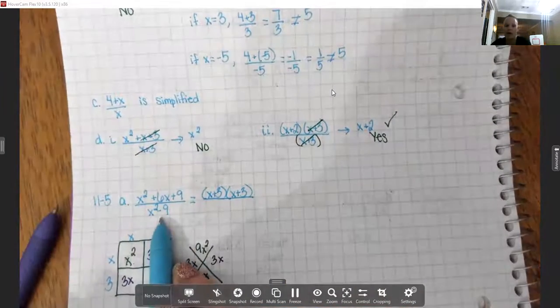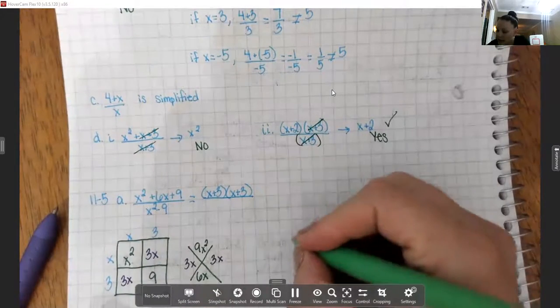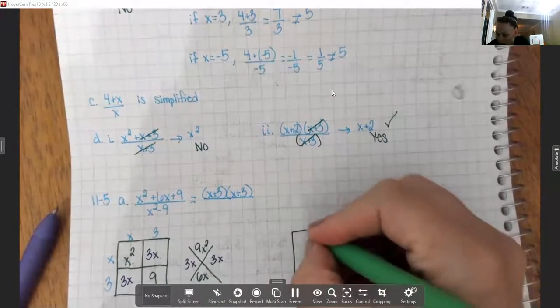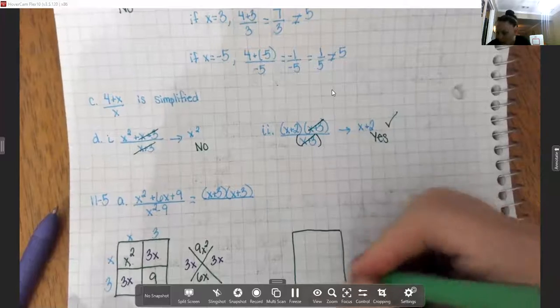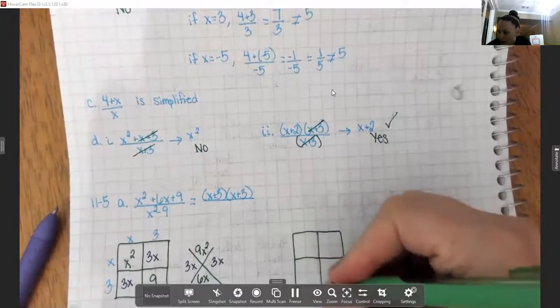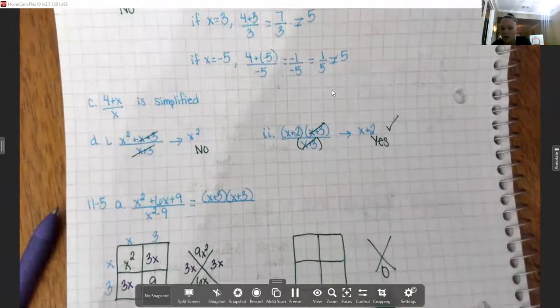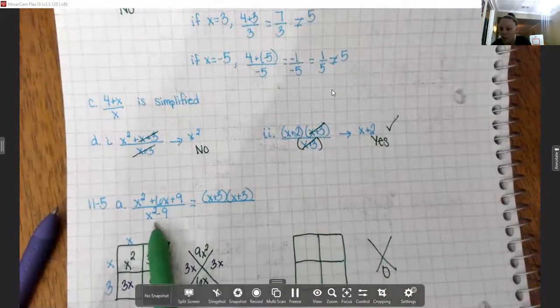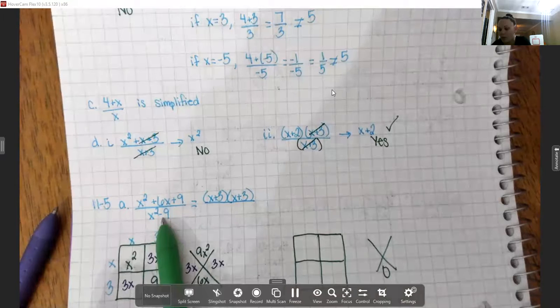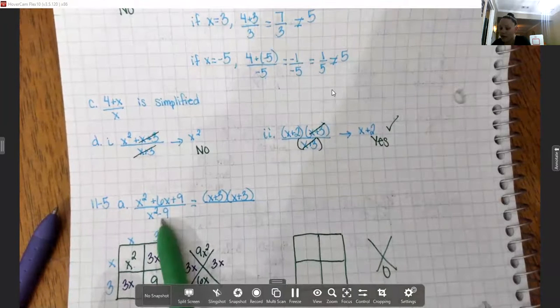The denominator can also be factored. If you are using a box and diamond, you might not need to here. I'll remind you in a second, but I just want to point out, if you're using a box and diamond here, the bottom of your diamond would be 0 because there's no middle term. So this is what we call a difference of squares.